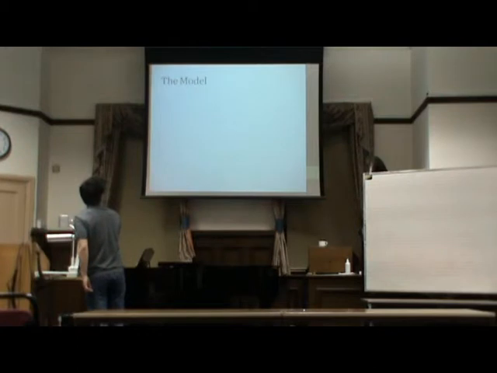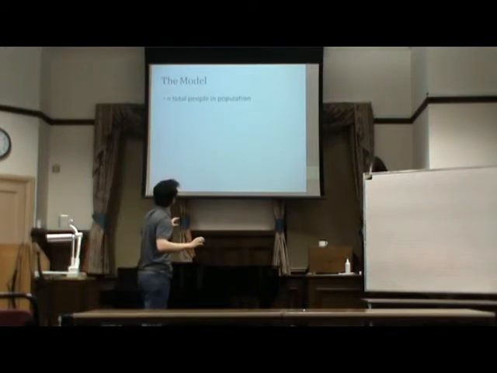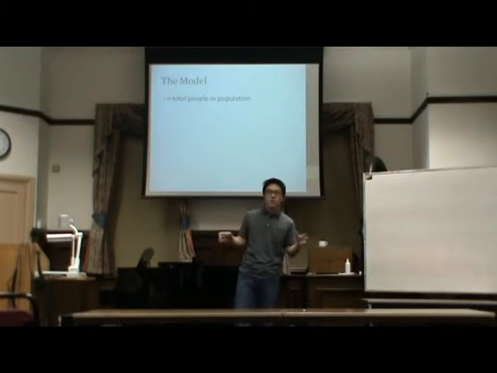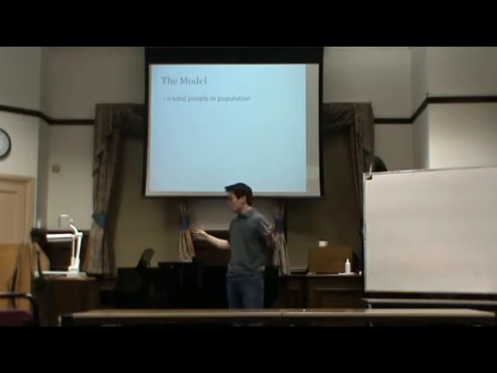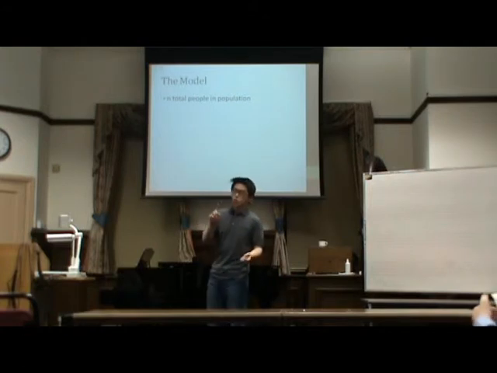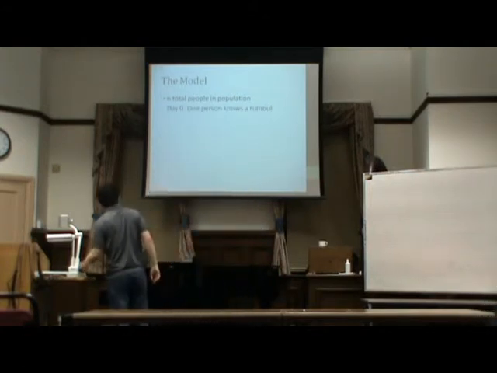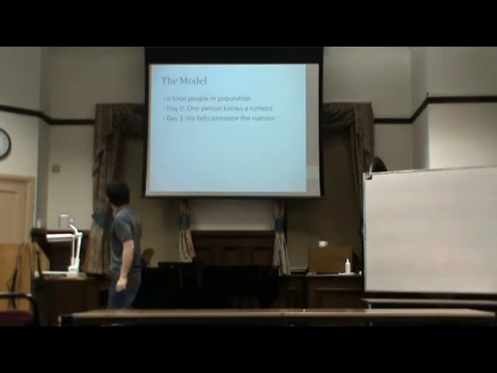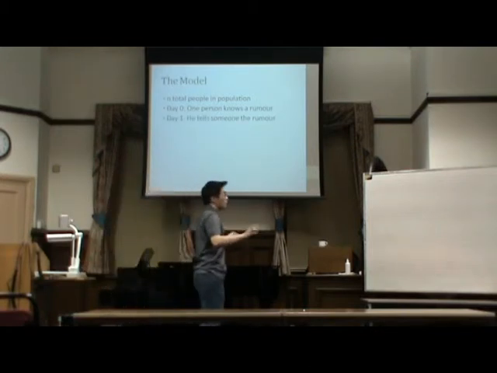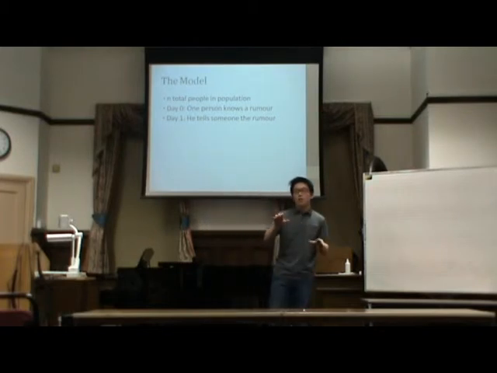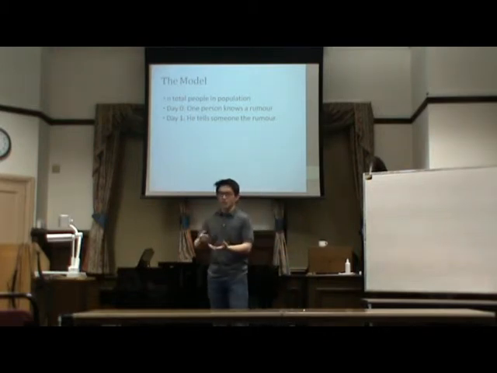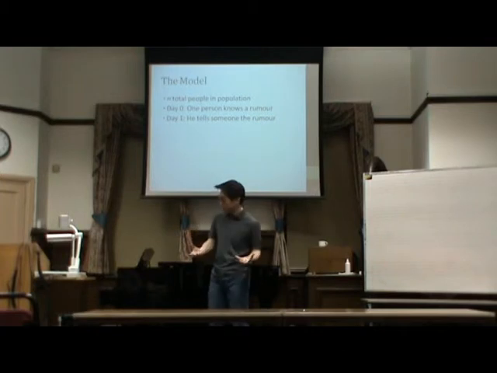So let's take a look at the model. This is a bit of a maths talk now, but imagine there are a given number of people, a very, very large amount of people, say 1 million, and you tell just one of them a rumour initially, on day 0. Every day after that, on day 1, firstly, he tells someone the rumour completely randomly. He selects that person randomly, maybe he rolls a million-sided dice, or he somehow generates another person's number which he tells the rumour to.